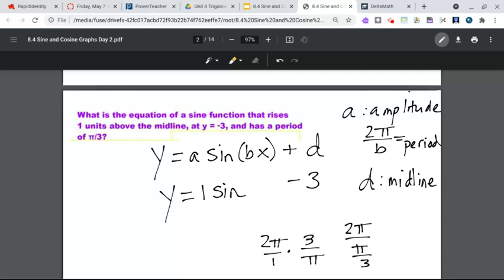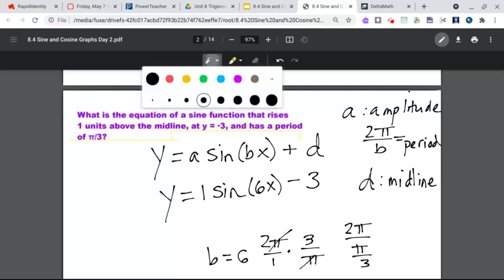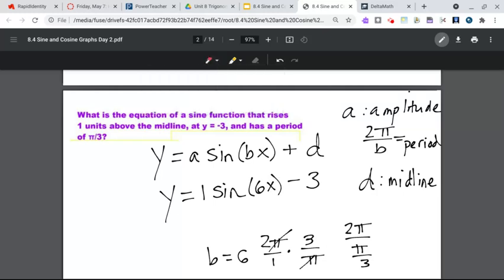We have to multiply by the reciprocal. The pi's will cancel. B equals 6. So I'm going to put that in the equation here, 6x minus 3. So our equation, let me go in orange, y equals sine 6x minus 3.